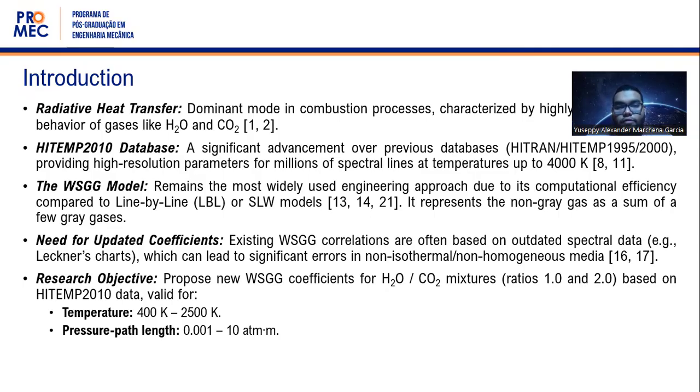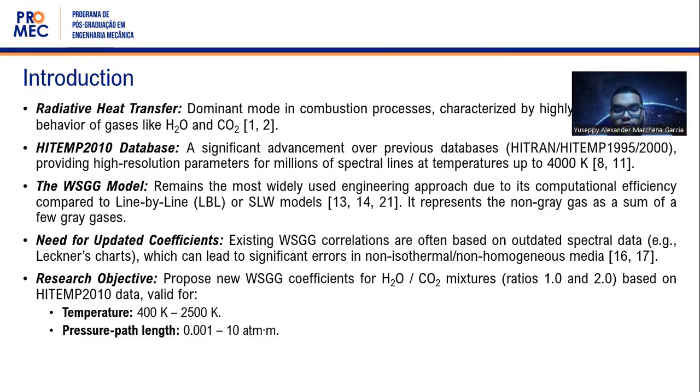But the WSGG model, despite its simplicity, remains attractive due to its robustness and efficiency, provided that reliable coefficients are available. This work presents new WSGG coefficients fitted from line-by-line data generated with HITEMP 2010 for typical air-fired combustion products, water and carbon dioxide mixtures.